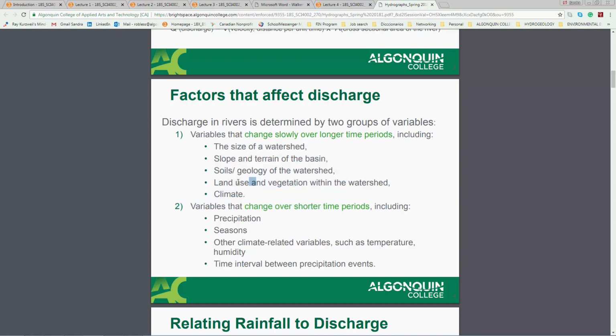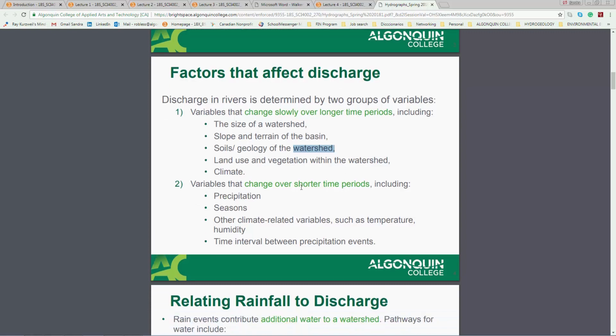This is relative because sometimes we can have extreme events, an earthquake or something that can change the watershed, and that could be really quick. But in a general sense, these variables change slowly over longer periods of time.